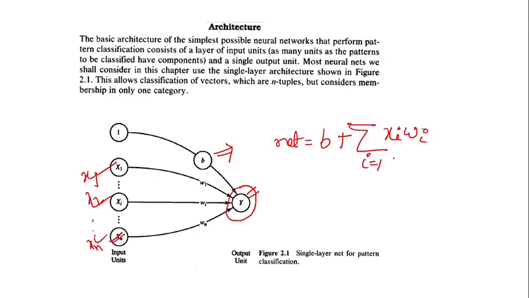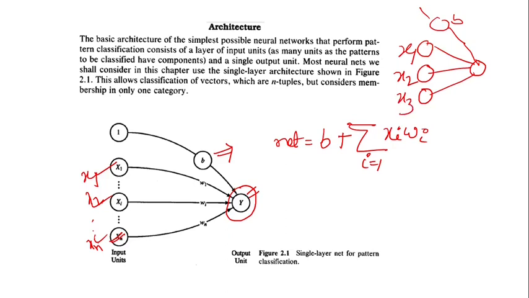Okay, so let's say there are three inputs, and let's say this is the bias b, this is x1, this is x2, this is x3, and let's say the weights are 0.1, 0.2, 0.3. And let's say bias equal to 1 as I said.